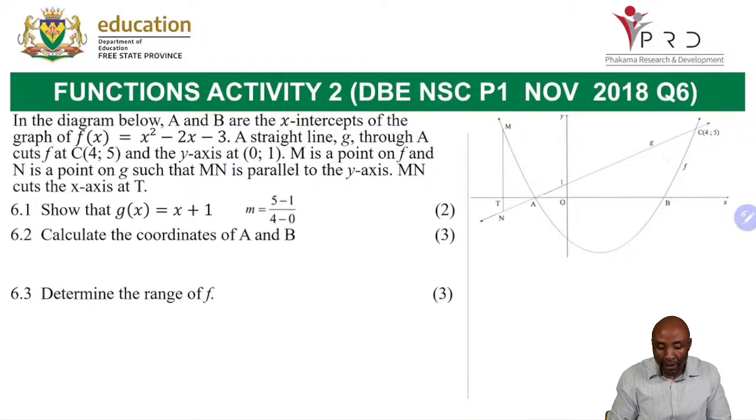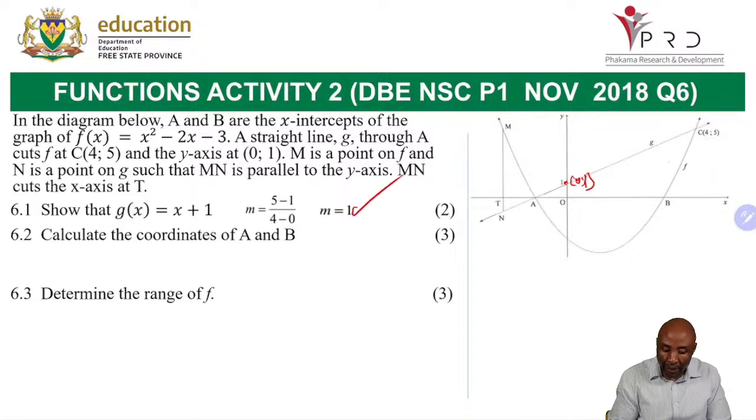So using that, we find the gradient using the coordinates. Remember, we said this is 0 and 1. So it helps you to see what can help you. Gradient formula, the gradient of that line AC will be given by the y coordinate is 5 minus 1 over 4 minus 0, and this will give the gradient of 1.